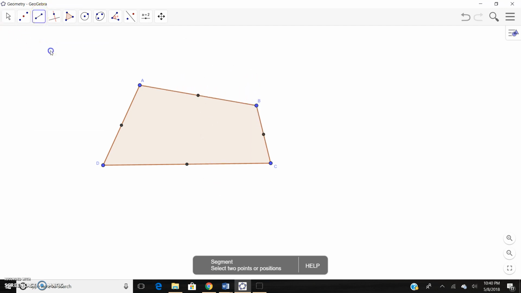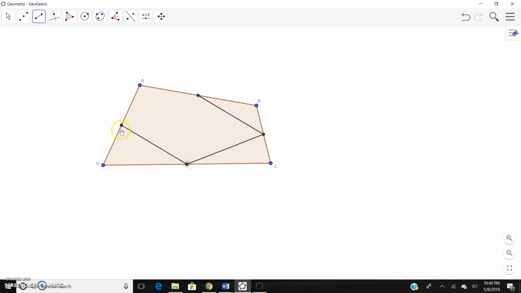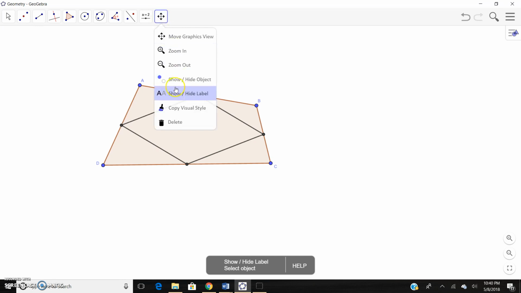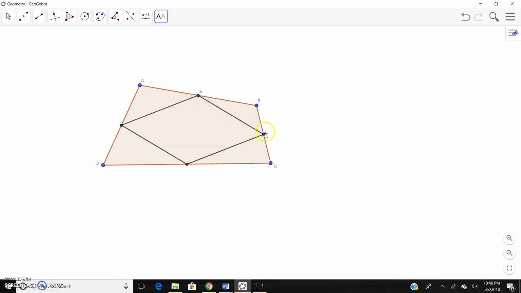And so we will connect these points, and we will label them.